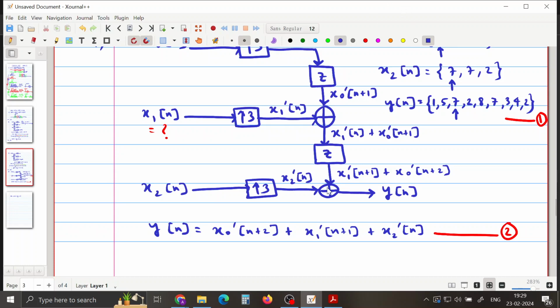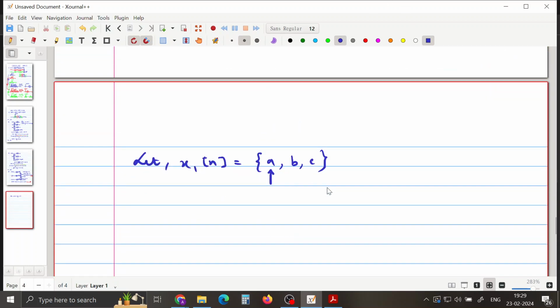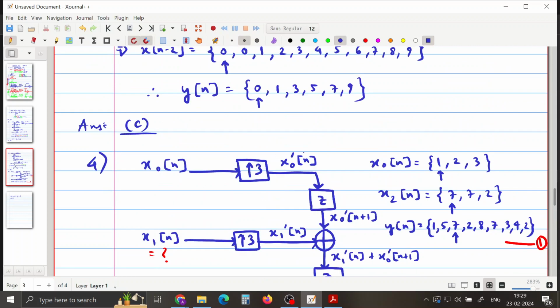So we assume that x1 of n is this. Now we'll go step by step. First thing, x naught prime of n. X naught prime of n is this thing, which is nothing but x naught of n passed through an upsampling block of factor 3. X naught of n, I know, is the sequence 1, 2, 3 with arrowhead at 1.